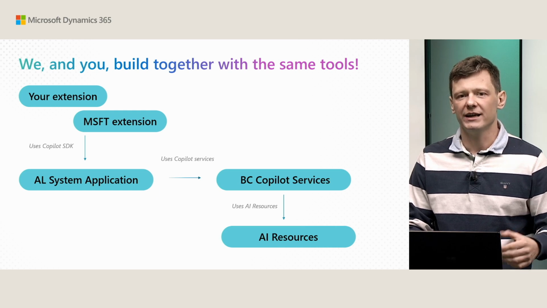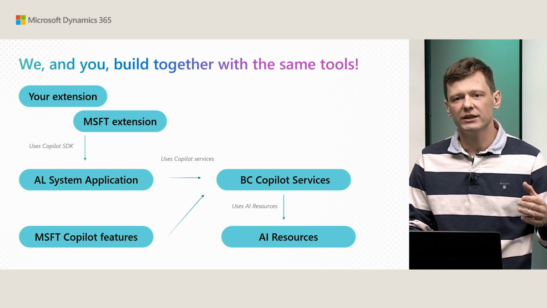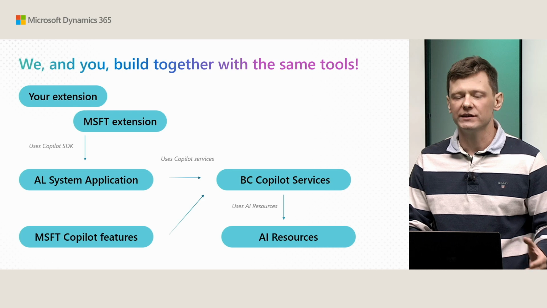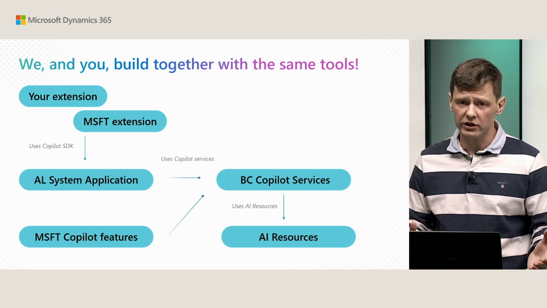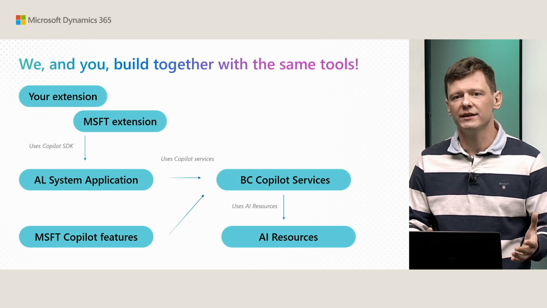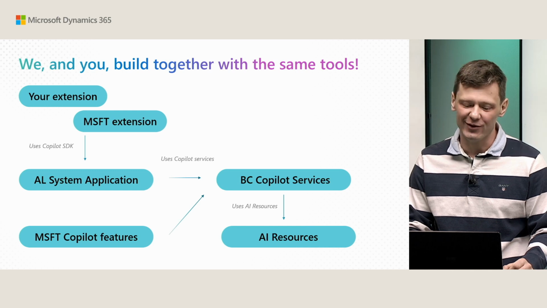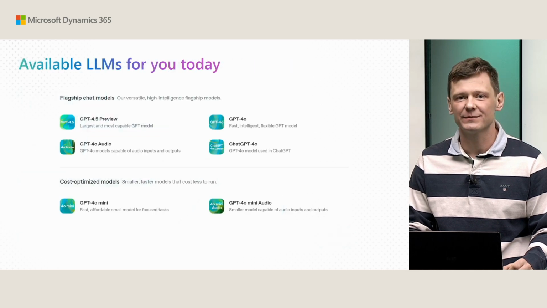And it's not only application features. In fact, all of our platform, all of our agentic frameworks, they're all leveraging the same infrastructure from an availability perspective, from a resource consumption perspective. So it's just great that you and us finally share the same toolset for building Copilot experiences.